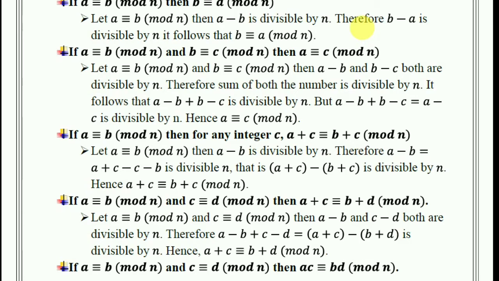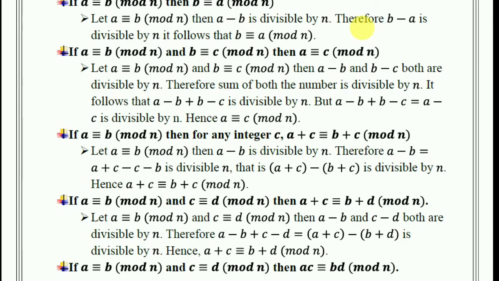Now property 3: if a is congruent to b mod n and b is congruent to c mod n, then a is congruent to c mod n. This is the transitive property, means if a is congruent to b and b is congruent to c, then a is also congruent to c. The proof is easy, because a congruent to b mod n and b congruent to c mod n means a minus b and b minus c both are divisible by n.